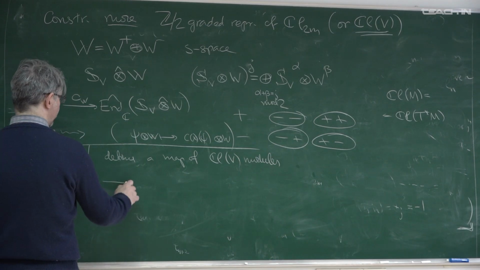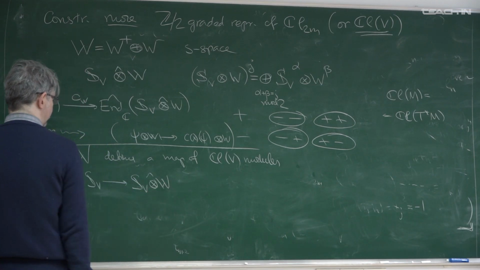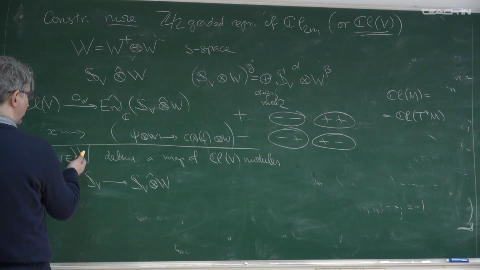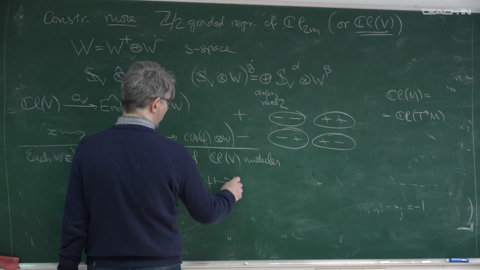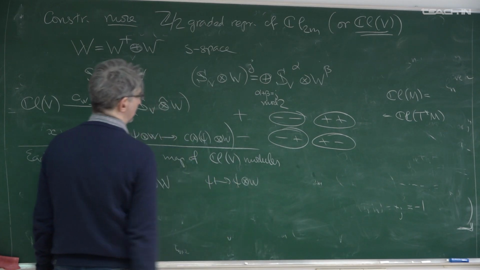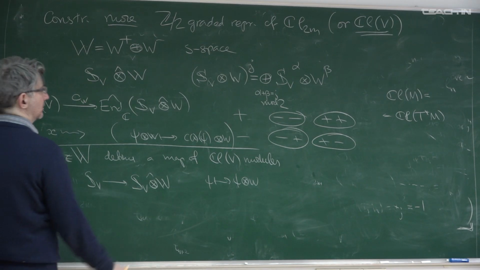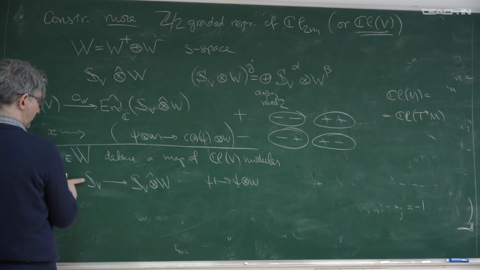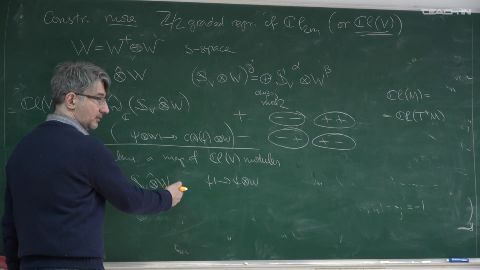S to this. How can I define this morphism? Very simple. You take a spinor and send it to the tensor product of the spinor by this element w. It is Clifford of V linear because Clifford of V acts here from the left and here from the left, and this guy does not disturb you.